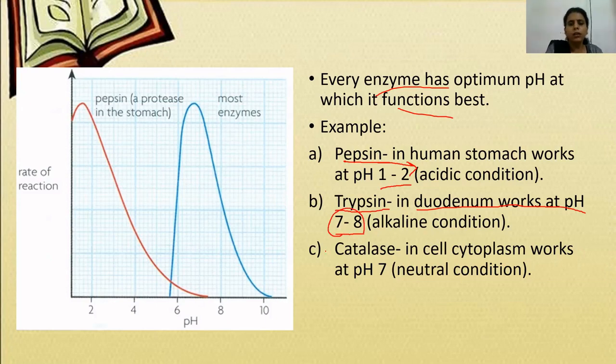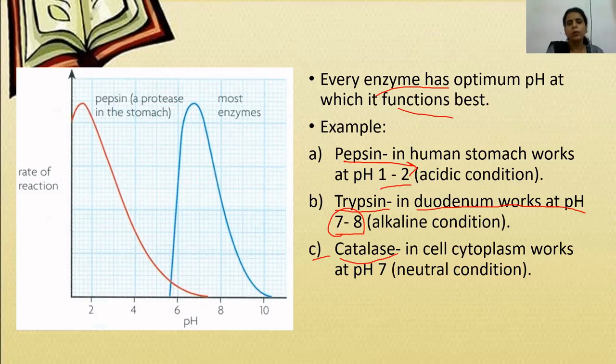Now, in a previous video, we studied the enzyme catalase. Catalase is a very important enzyme present in all living cells. Hydrogen peroxide, H2O2, is produced as a byproduct in many metabolic reactions, and hydrogen peroxide is highly toxic for all living cells.